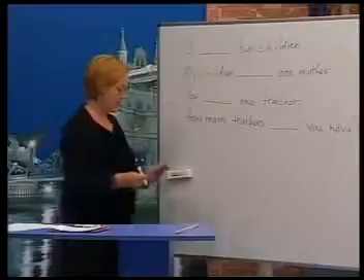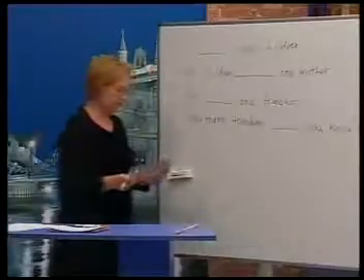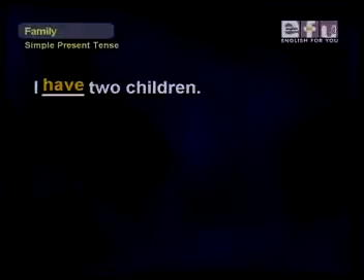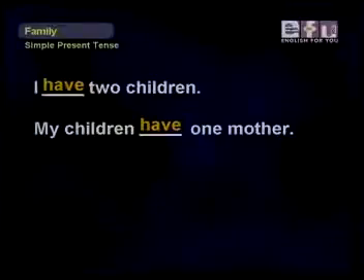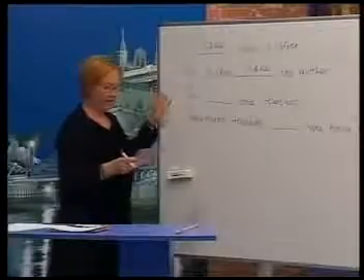Okay, now again, one by one. Lisa. I have 2 children. Yes. Okay, Ali. My children have 1 mother. Oh, very good, Ali. Isabel.